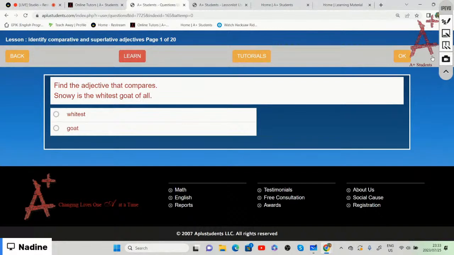Snowy is the whitest goat of all. We need to choose the adjective that compares within that sentence. So is it whitest or is it goat?